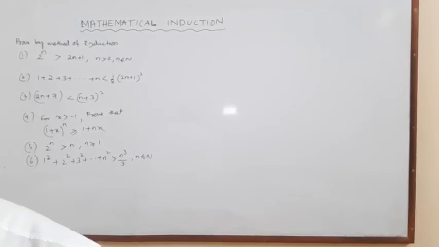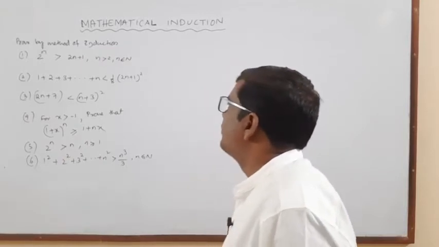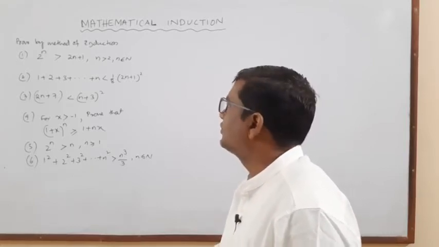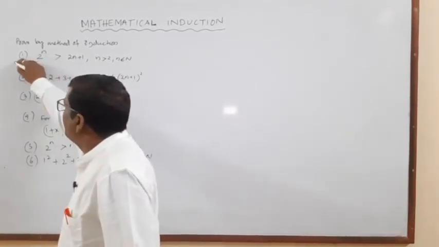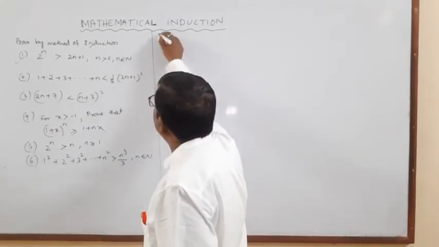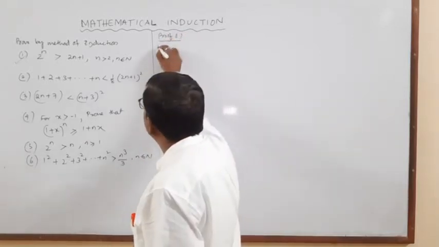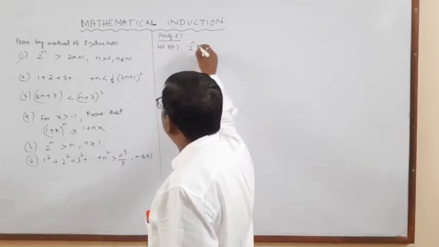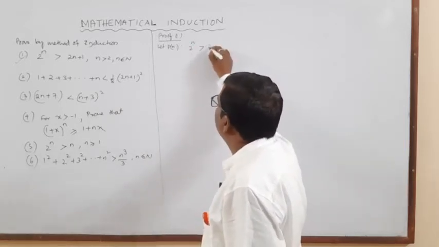Now prove by the method of induction the following questions. Number 1: 2 to the power n is greater than 2n plus 1, prove by the method of induction. So, step 1 for the proof of question 1: let P(n) be such that 2 to the power n is greater than 2n plus 1.